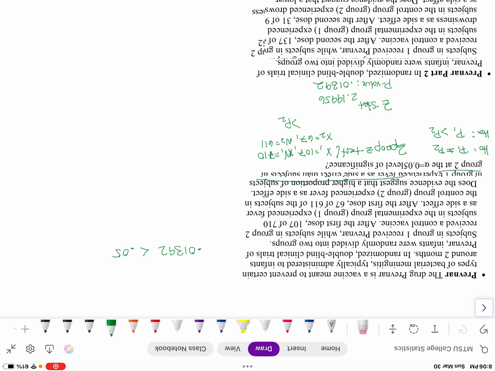So since that's the case, since 0.01392 is less than 0.05, we reject the null hypothesis.